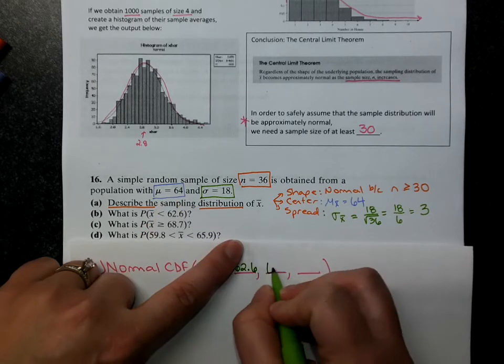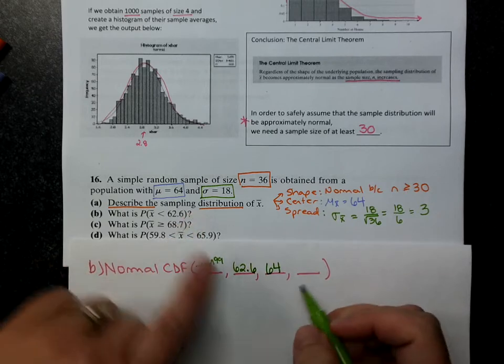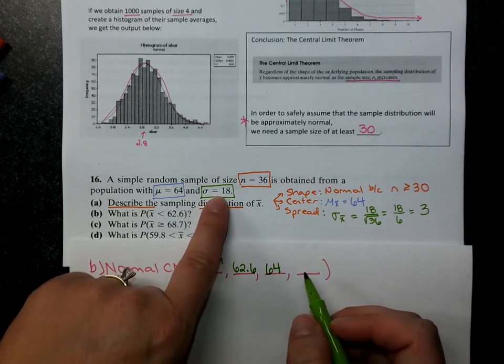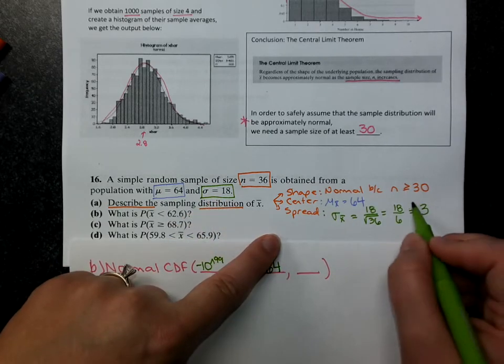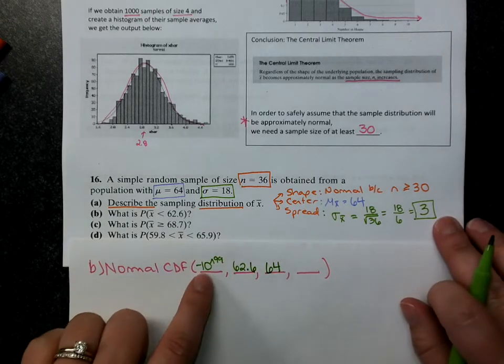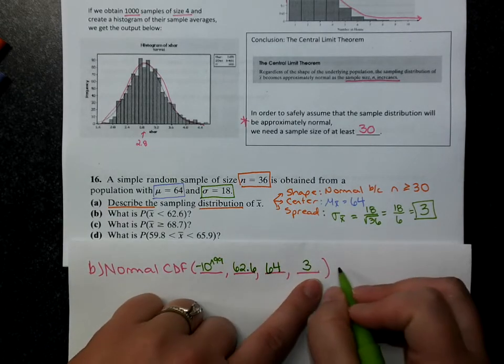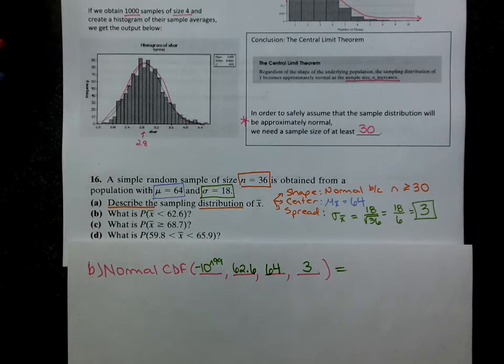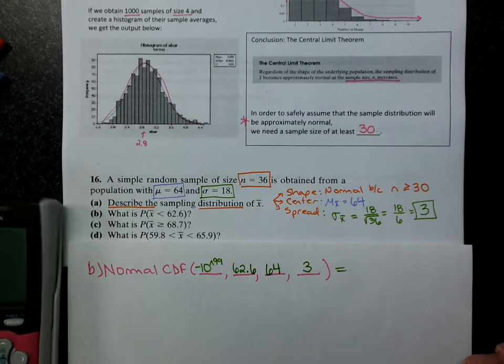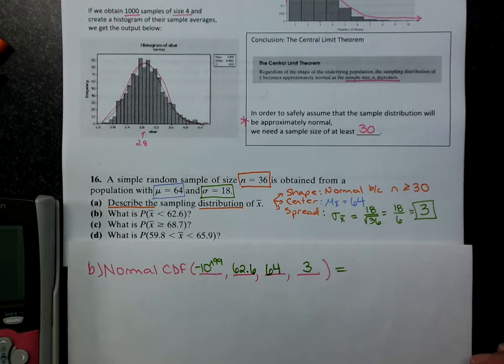The mean is 64. And instead of using the population standard deviation, we're going to use the one we calculated, the adjusted standard deviation for a sample, which is 3. So normal CDF, practiced that a lot in chapter 7, negative infinity to 62.6, 64, and 3.